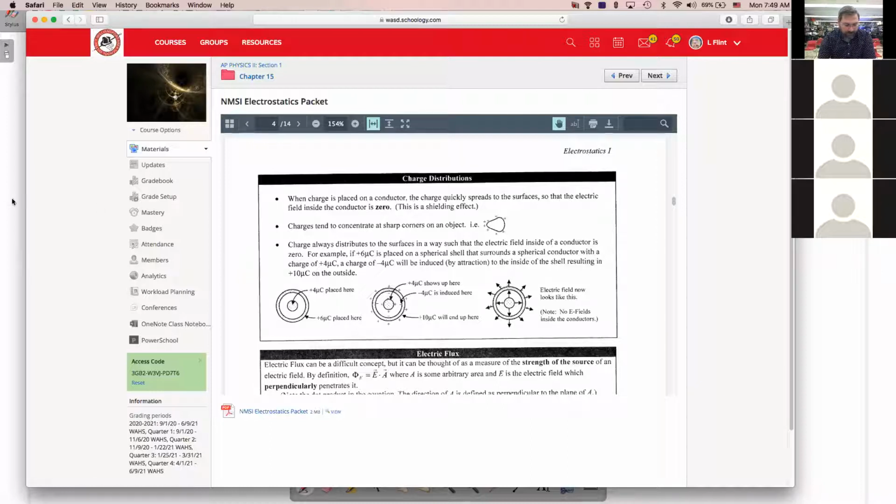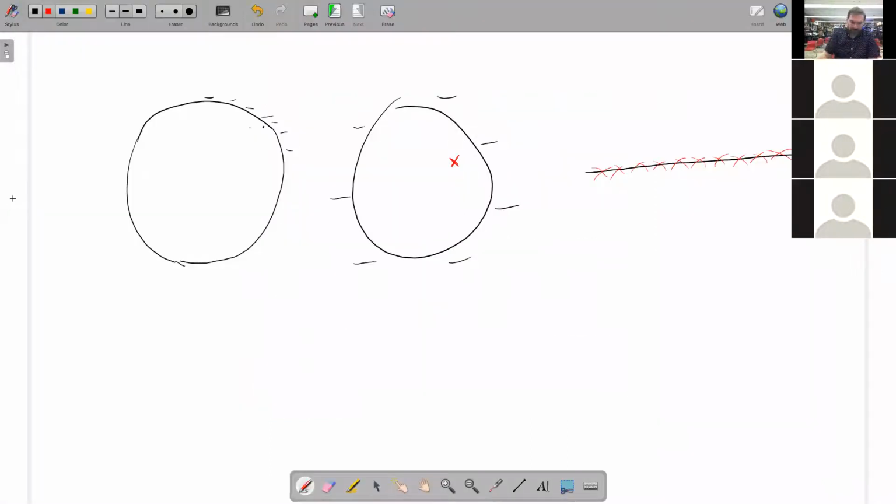sometimes on the AP exam, it'll say you have a circular thing like this, and here's the radius, like 0.5 meters, and there are charges placed around that circle, a charge here, a charge here, a charge here, and a charge there.